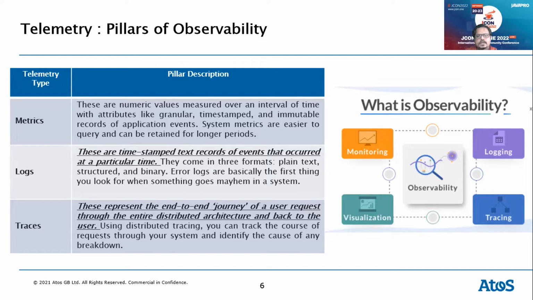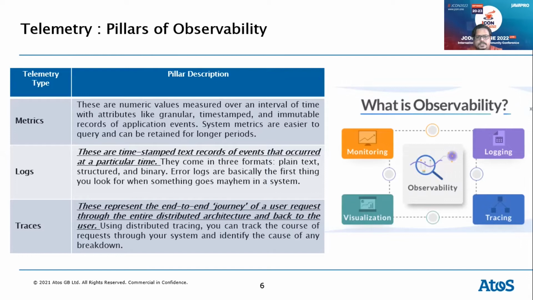Traces are those elements that make sure you are gathering information and insights around the distributed architecture, so that each interface and each integration in your architecture is also traced as part of the entire journey. So that's where the traces are. These are the three elements that you would typically leverage to gather, manage, and synthesize when you're deriving insights for your observability stack.